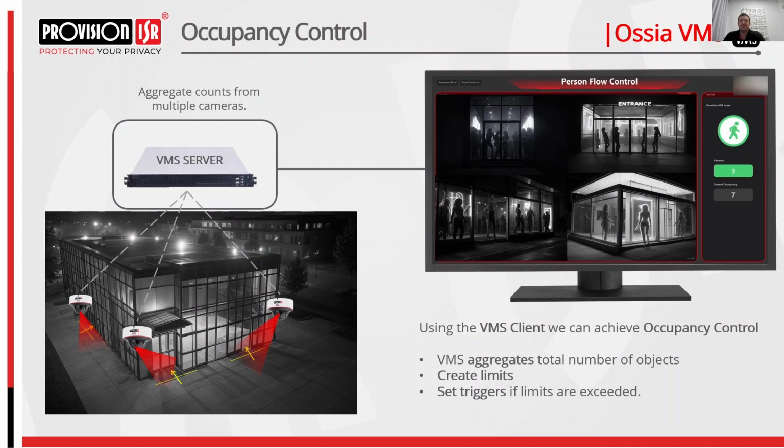With one or more cameras, the VMS can track and aggregate the number of objects entering or exiting an area. You can even set limits on how many objects are allowed in a space at once, define triggers for when those limits are exceeded, and even receive visual alerts in real time. This is ideal for use cases like bars, nightclubs, or parking lots, where controlling or monitoring flow is critical.